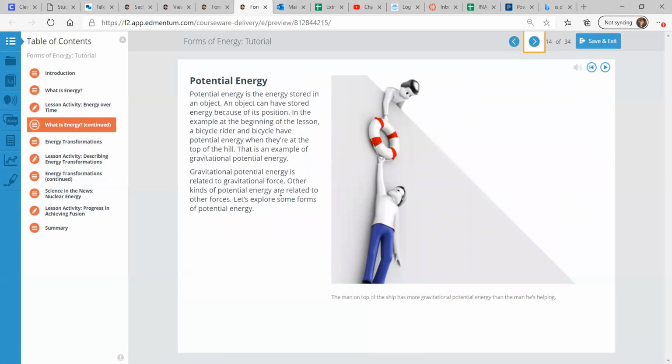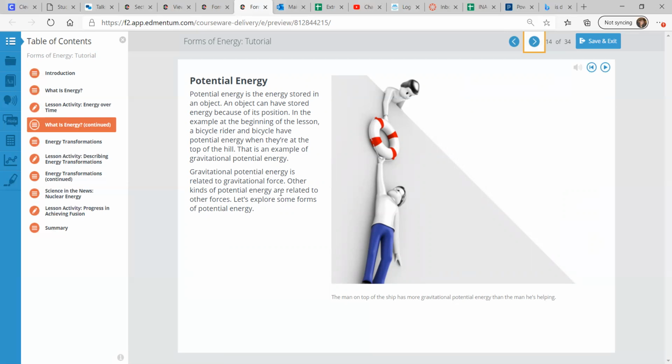On the other hand, we have potential energy, and that is energy stored within an object. An object can have stored energy because of its position. In the example at the beginning of the lesson, there was a warm-up question about a bicycle rider.